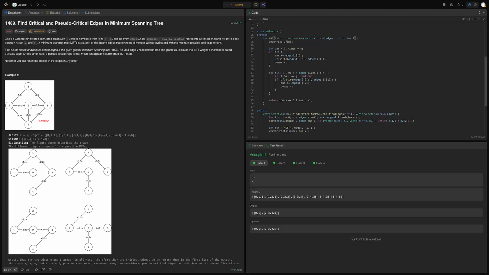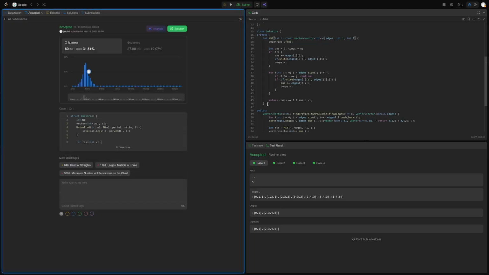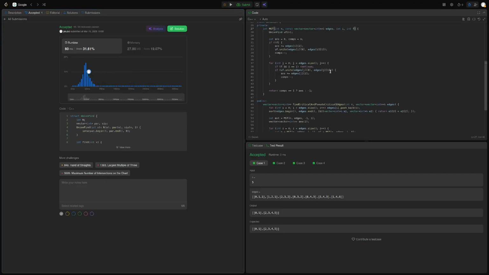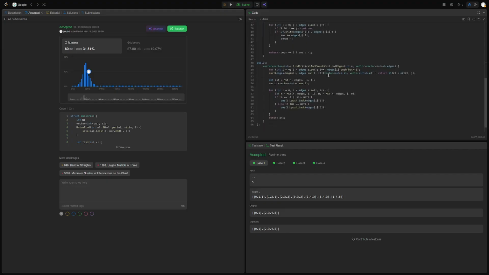Okay, let's see. Okay, that's better. So I basically have the correct solution, maybe some inefficient constants, but that's about it, I guess. Okay, fair enough.